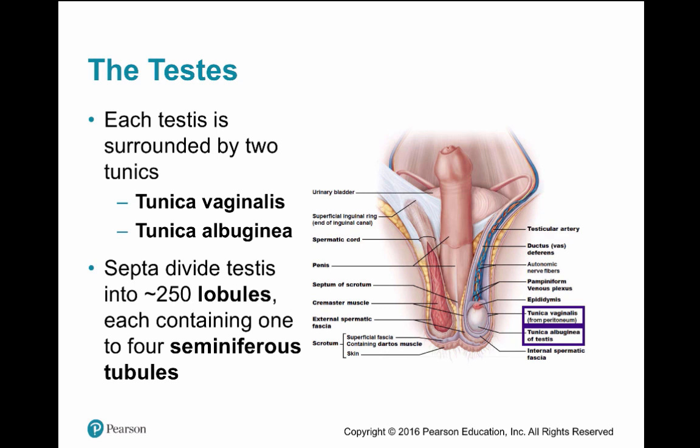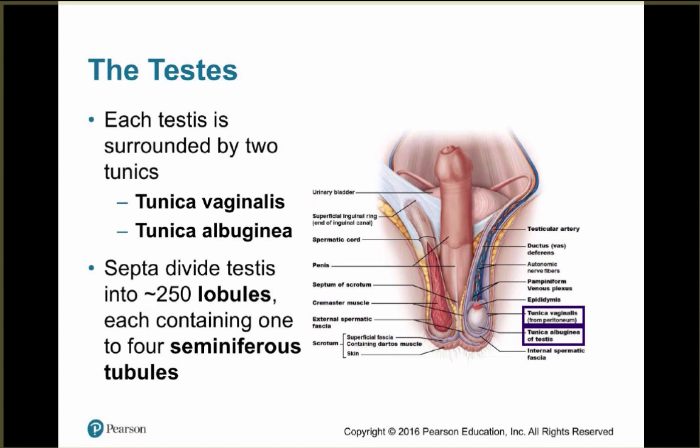Now, when we're talking about the testes in particular, this is what we find inside of that sac, the scrotum. Each testis is surrounded by some tunics. You have the tunica vaginalis, which is the outer layer, and this is derived from the peritoneum.